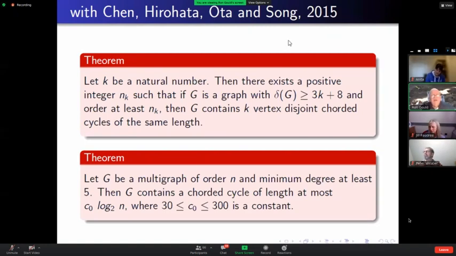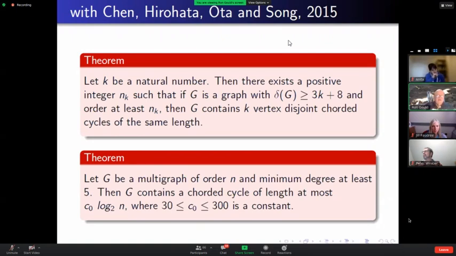With Chen, Hirohata, Oda, and Song back in '15, we were able to show that for a natural number k, there exists a positive integer n sub k that depends on k, such that if G is a graph with minimum degree at least 3k plus 8 and order at least n sub k, then G is going to contain k vertex disjoint chorded cycles of the same length.